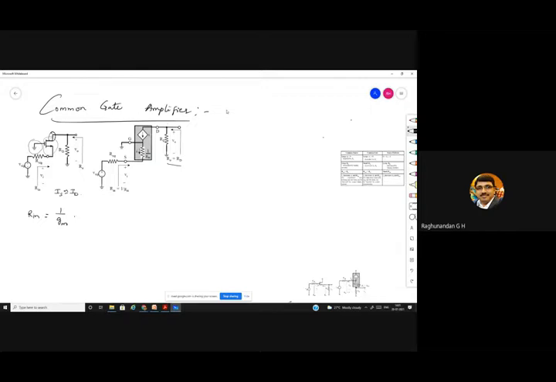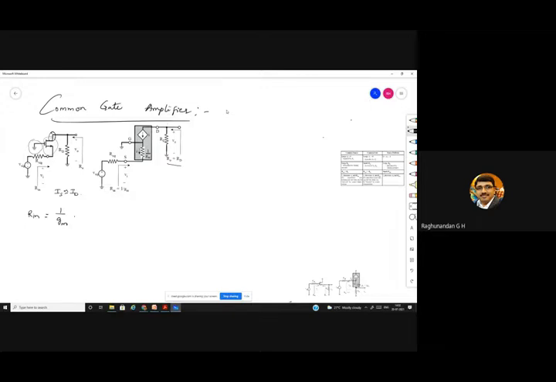When you are giving the same current and taking the same current again, such an amplifier will not be so useful in our applications. That's why we will not prefer the common gate configuration for amplifying purposes. But here we are analyzing it and trying to show its characteristics.